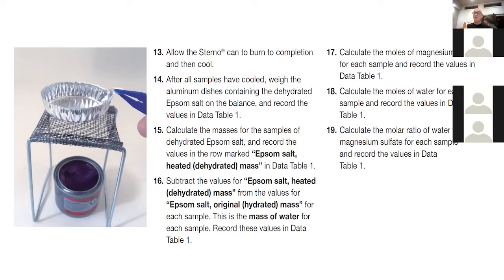So you may use all of it, you may not. If it's still going, you can either let it burn out or just put the top back on the can and it should extinguish the fire. It's a pretty colored fire, so it's kind of fun to just let that go.